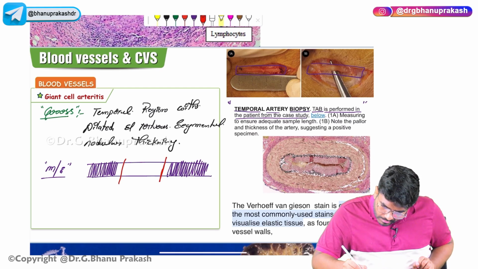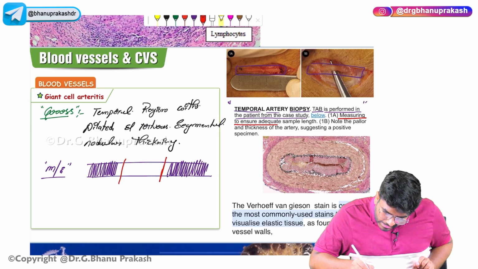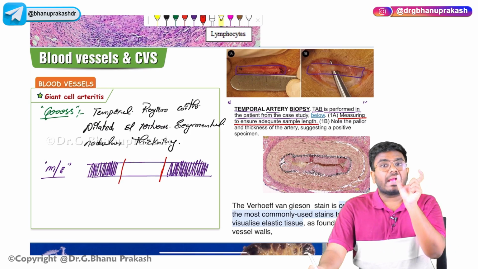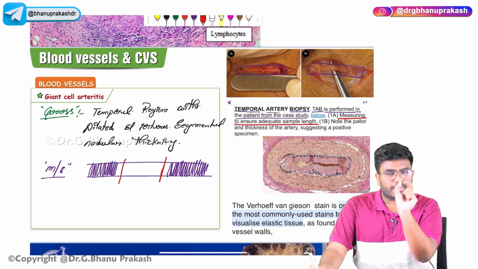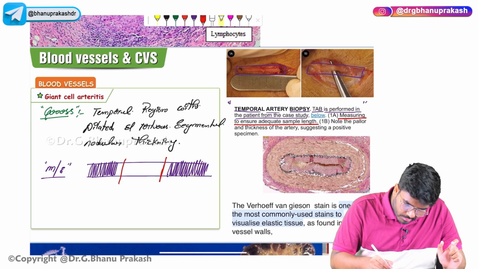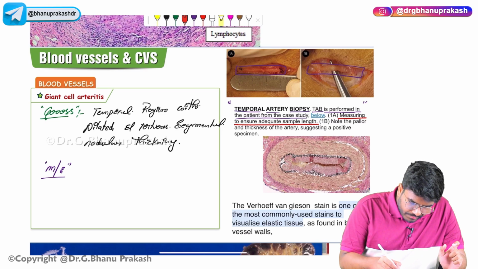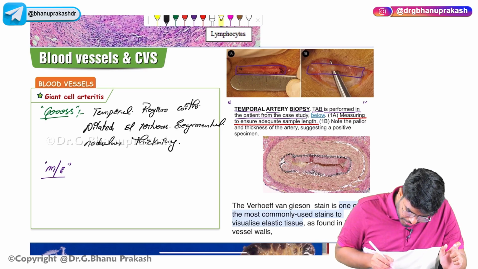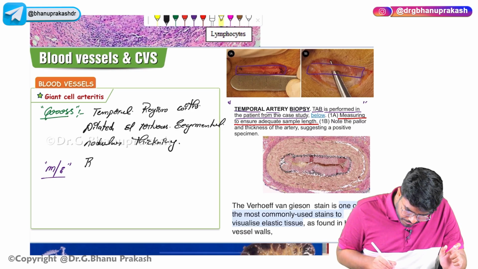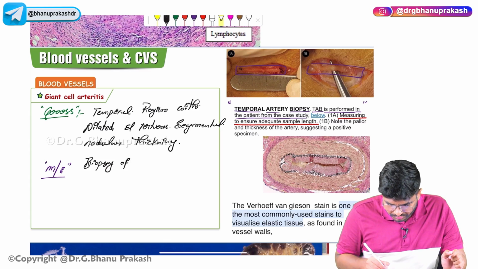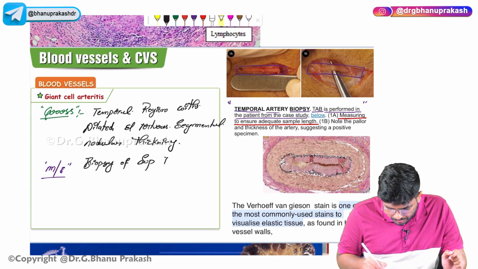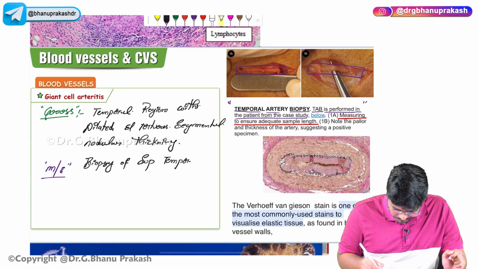Measuring to ensure adequate sample length. You need to take adequate sample length. It's not a small biopsy. You need to take a large biopsy. So let me write here. Microscopic examination. First, what you need to do? You need to do the biopsy of the superficial temporal artery.